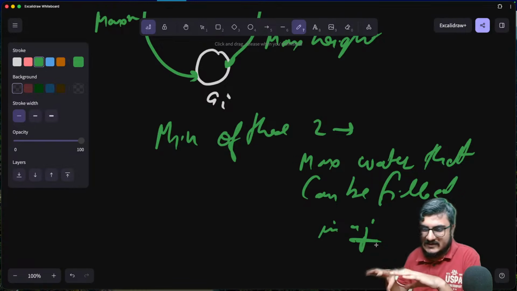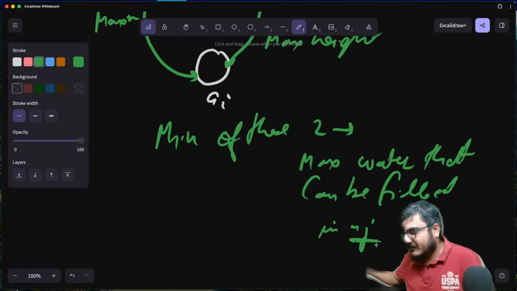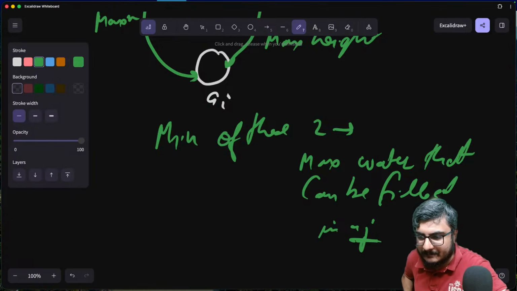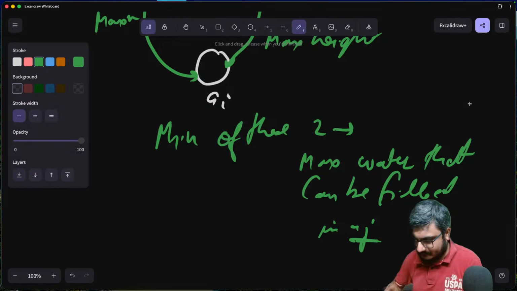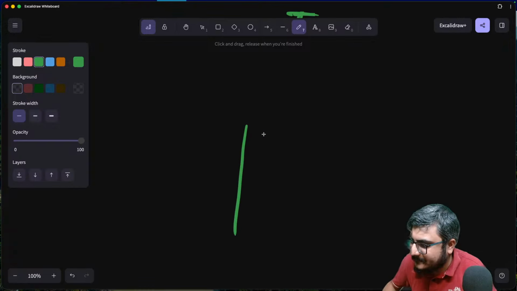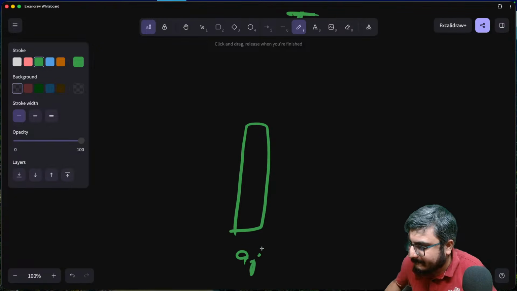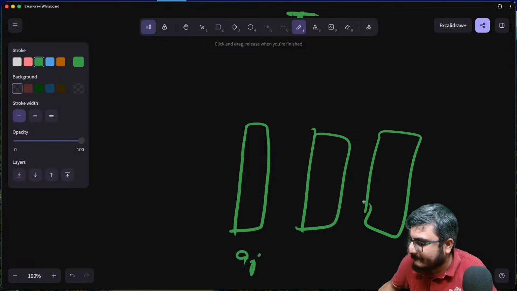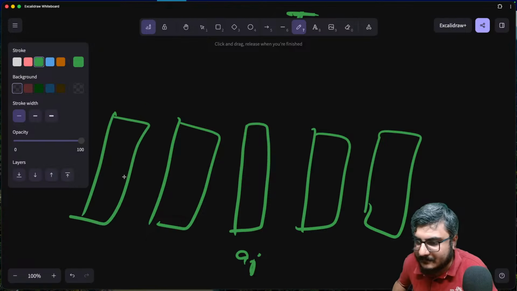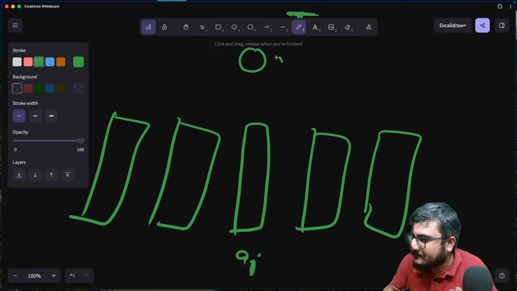What I am saying is, you need to look at the maximum height among all the wells. If you are focused on this well, this is your AJ. Then you have more wells over here, and this is your AI, a well over here.